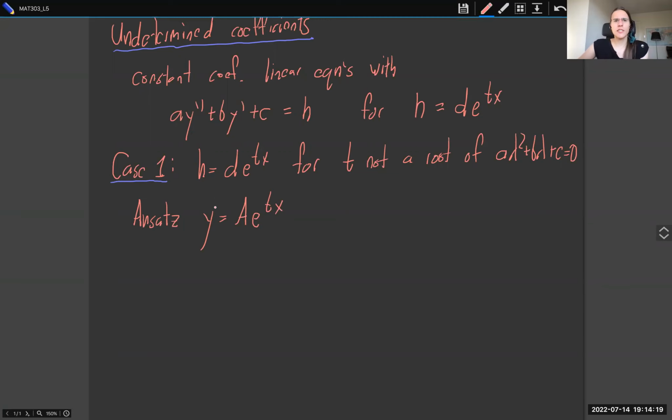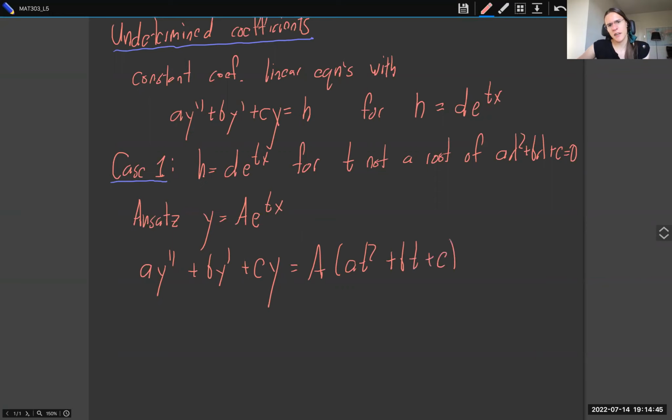When we plug this into this equation, we get a y prime prime plus b y prime plus c y becomes, so we're going to get A out front, and then we're going to get a t squared plus b t plus c times e to the tx, right?